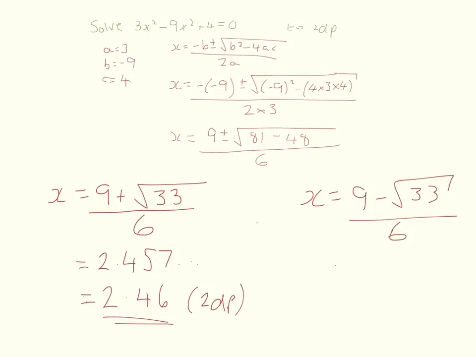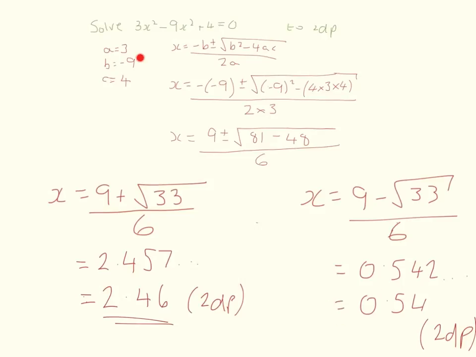And my other solution would come to 0.542, and so to 2 decimal places 0.54. Always best to write down your unrounded answer and then round your answer underneath.